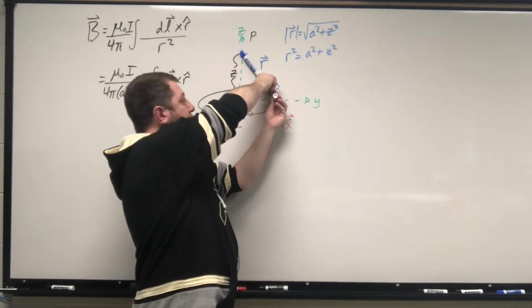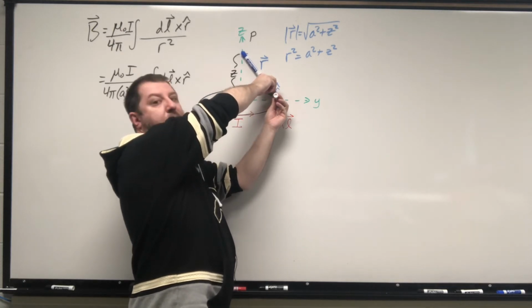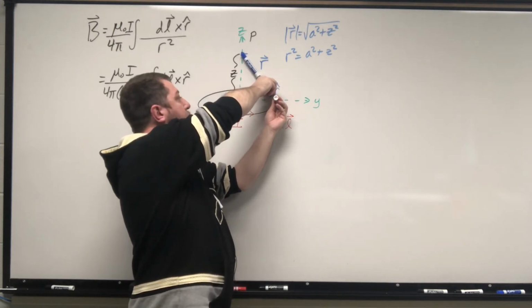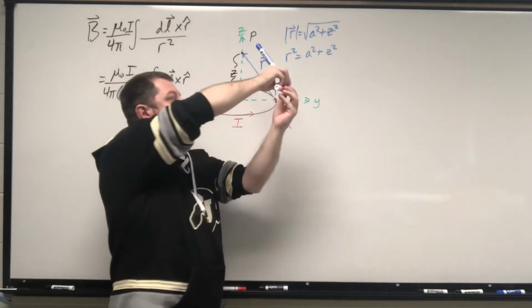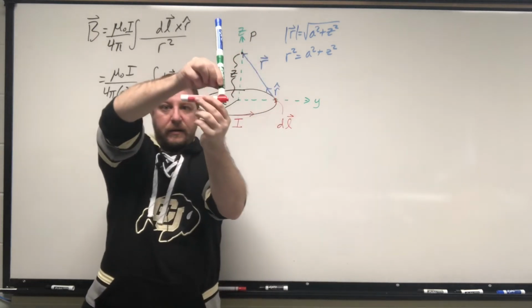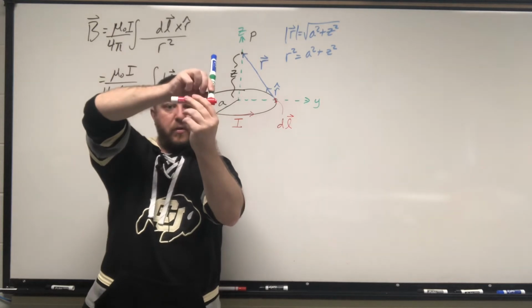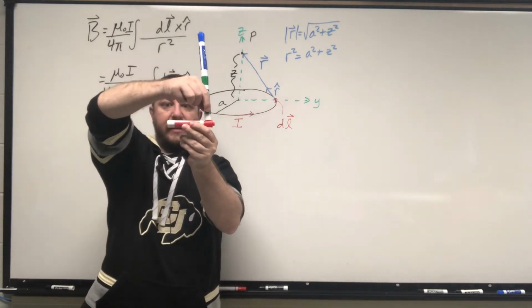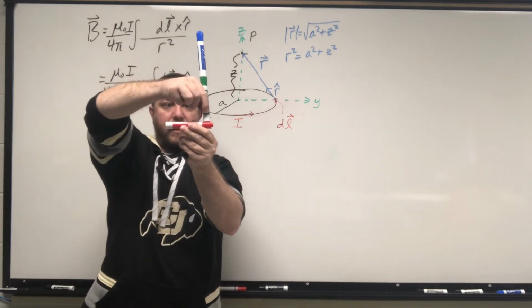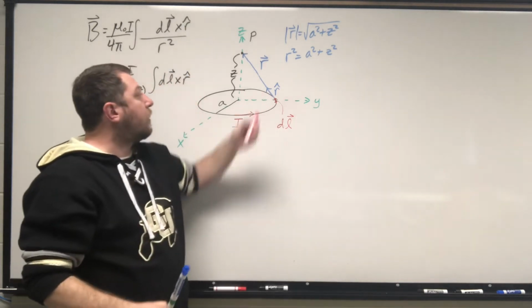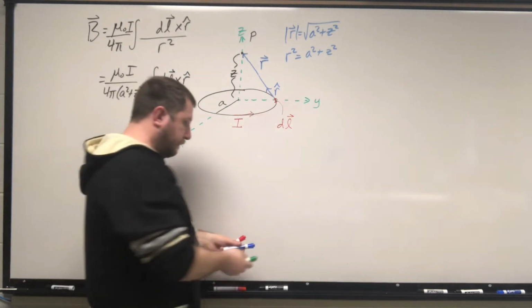So I have dl into the board and my r vector lying along my marker. What angle does this make? You can rotate it and you can see that it's a right angle, okay? So dl and r make a right angle with one another.